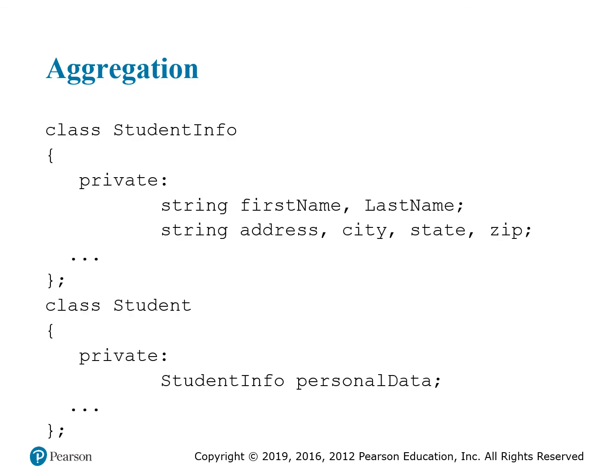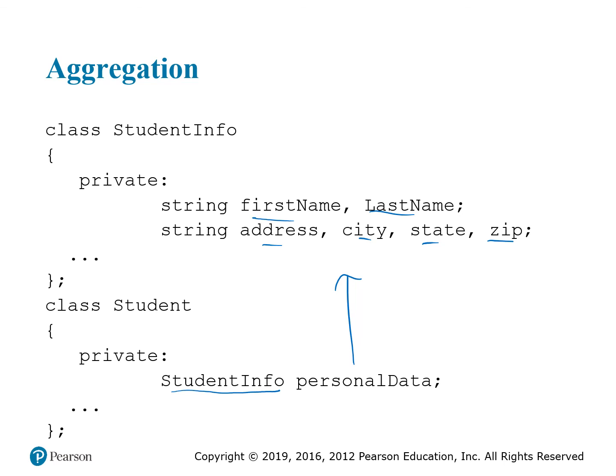So class student info may contain strings for first name and last name and address, city, state, zip. And then class student may contain a student info personal data, which contains all of those things.